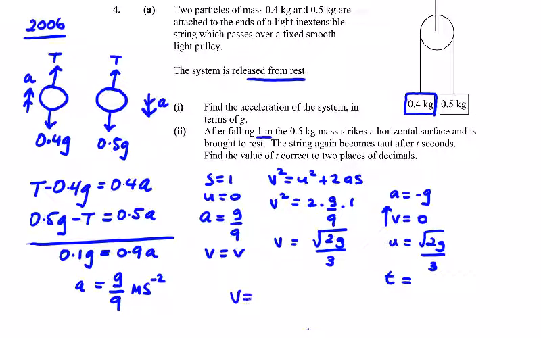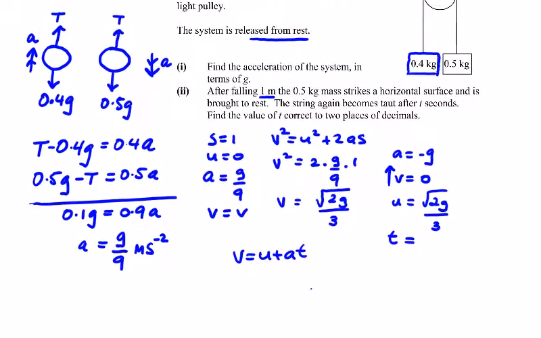SUVAT, v is equal to u plus at. So it's going to stop at the top before it comes back down to become taut again, and u is equal to the square root of 2g over 3. a is going to be equal to minus g, times t.